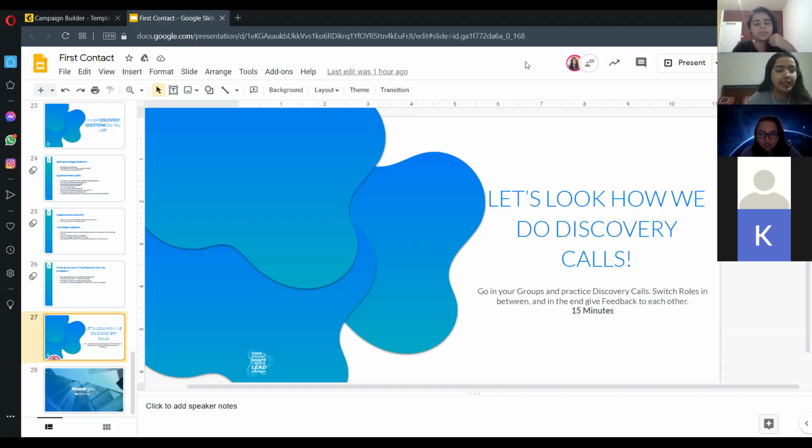Do you want to add anything else? Can everybody tell me if they've made a discovery call in the past quarter? So in the past two to three months, have you made a call to a company? Yes, other than Sumedha. Who else has made calls to companies?